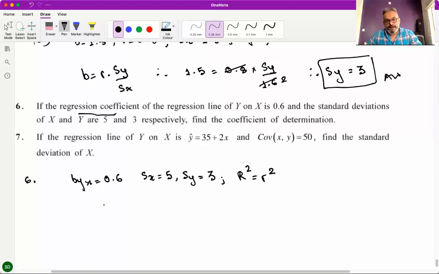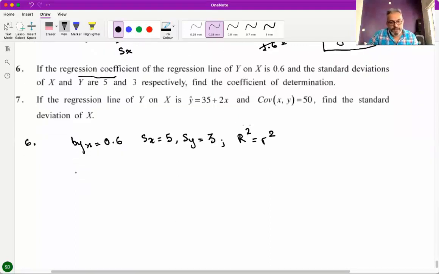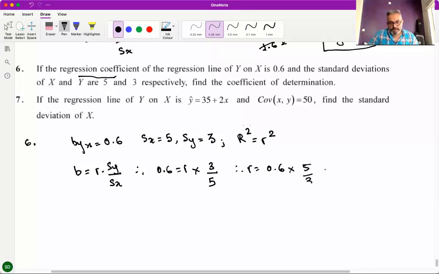So first let's find out r. So b is equal to r into standard deviation of y upon standard deviation of x. So 0.6 is equal to r into 3 upon 5. Cross multiply. Therefore, r is equal to 0.6 into 5 upon 3.